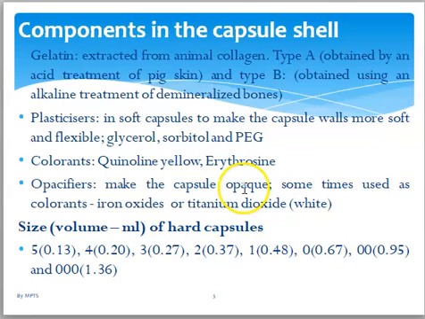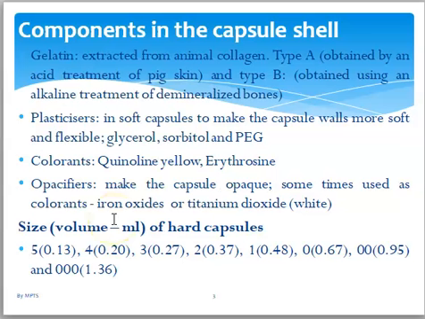Once the colorants are used, remember gelatin is a bit translucent, but how do we make it opaque? It is through using opacifiers. Even when colorants are used. However, there are some capsules where they have left it transparent. You know them, those ones, Augmentin, where you see those with pellets inside.